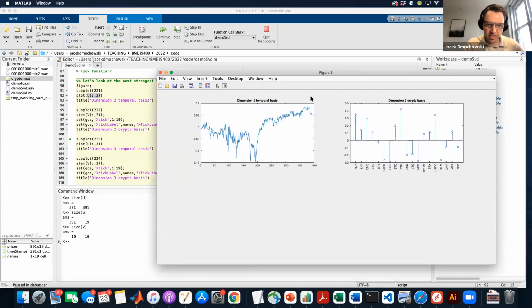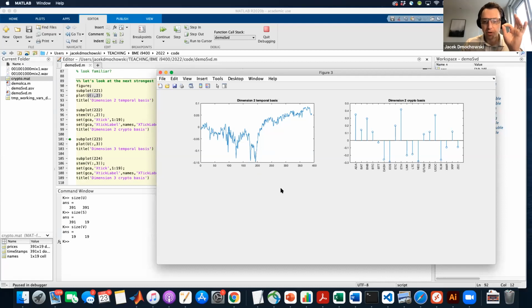Okay, so this is the second dimension. I'm going to use the word pattern. Another word that is often used here is motif. So these temporal basis functions, basis vectors, the columns of U, can be thought of as temporal patterns or temporal motifs.